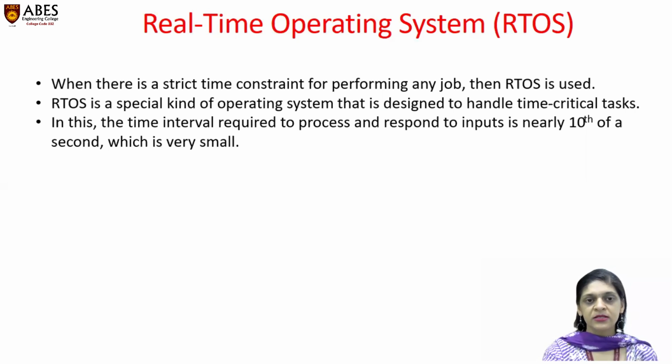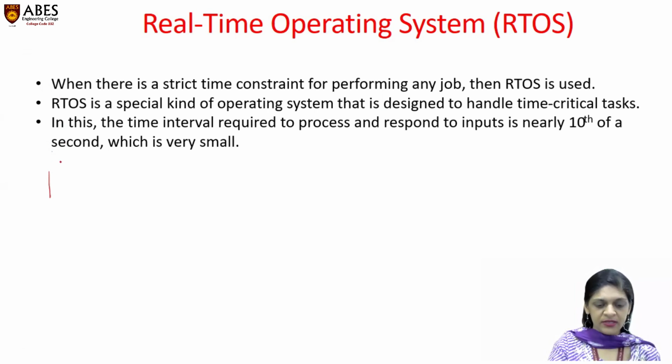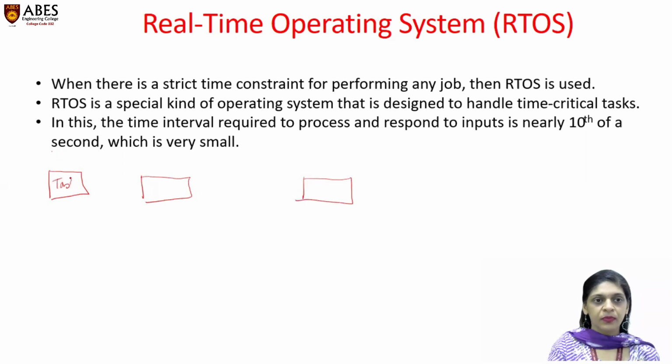So I am showing you the diagrammatic view of the real-time operating system, how it will work. Let me consider that we have different tasks. Actually, this is based on priority. So here we are considering different tasks. Let's suppose this is task 1, this is task 2, and so on.